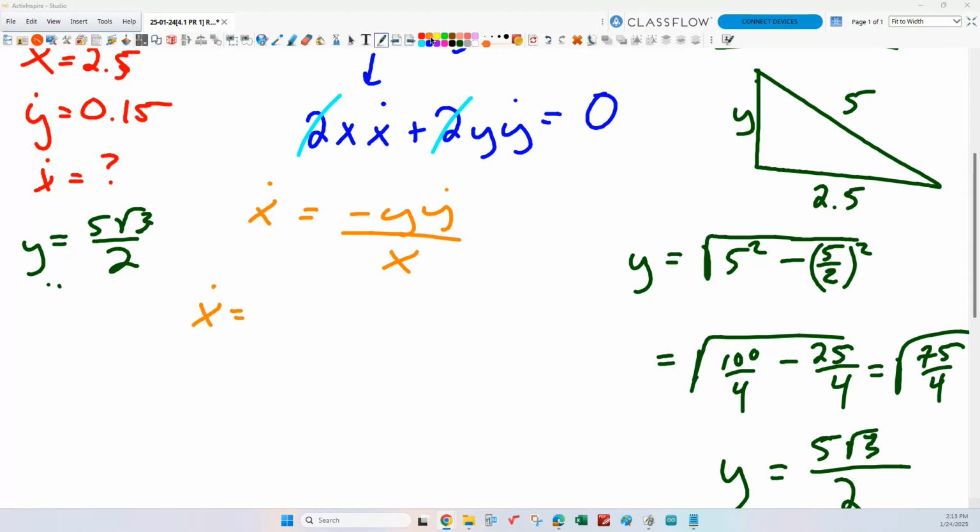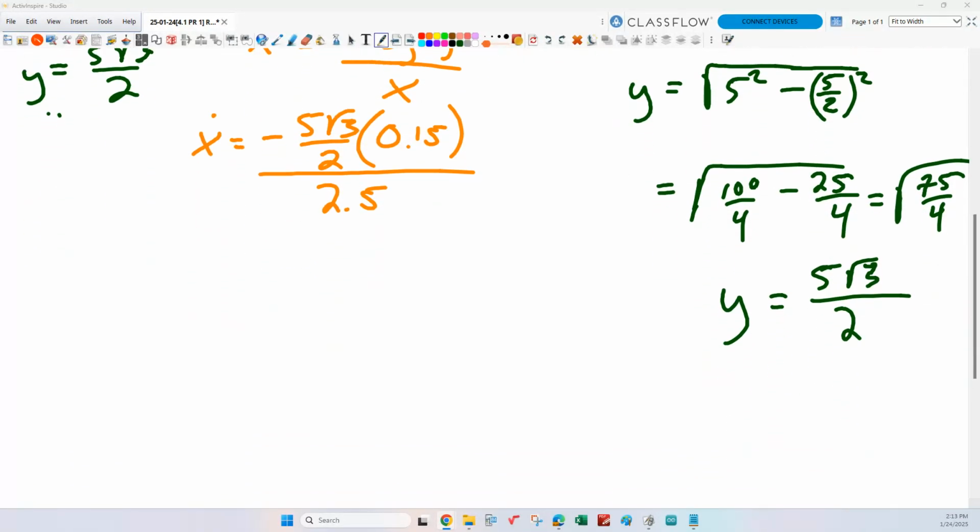So x dot equals negative y, which is 5 radical 3 over 2, times y dot, which is 0.15, divided by x, which is 2.5. Right? That all good?